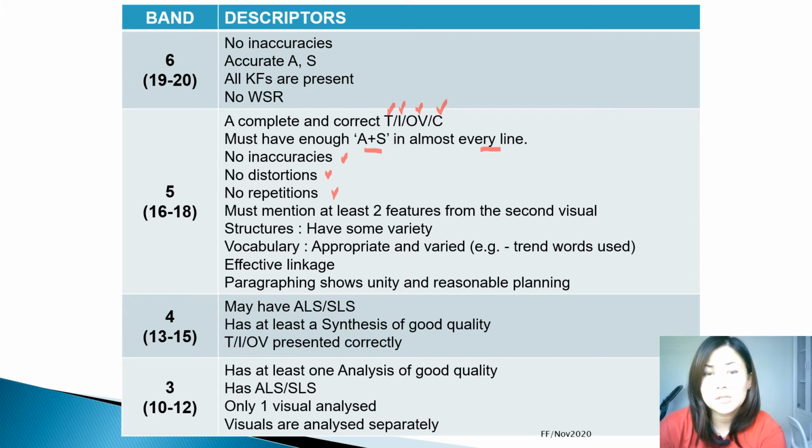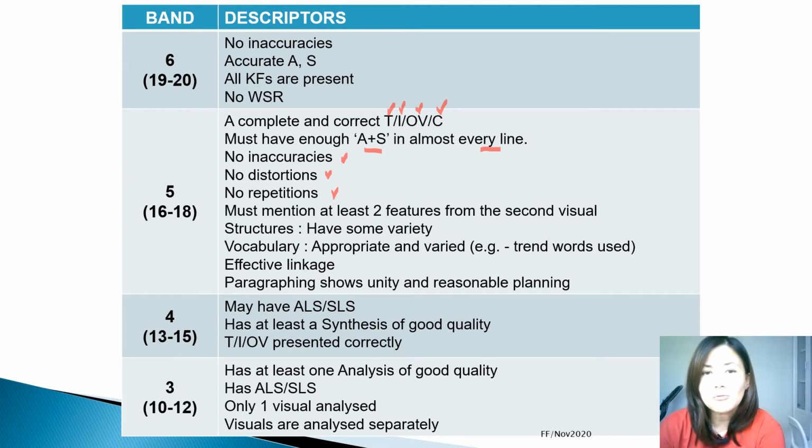No inaccuracy means subject, reference, everything has to be correct. Title, information given, data, all has to be correct. Distortion, make sure that you do not confuse the examiners by writing things like what I said just now, the lowest cases, the highest cases. That is a distortion.